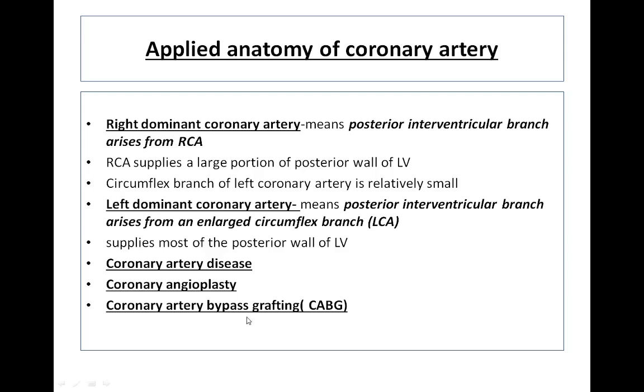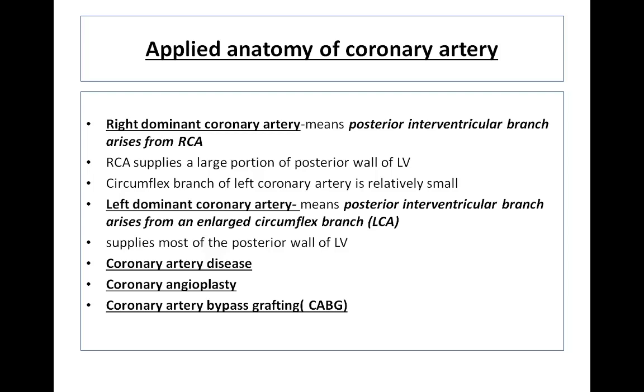Then coronary artery bypass grafting. In this case, suppose we cannot open up the block by means of angioplasty. Then we have to go for bypass. Bypass means, suppose in the artery there is a block. Proximal to the blockage the artery is normal, and distal to the blockage the artery is normal. Then we will just bypass that block.